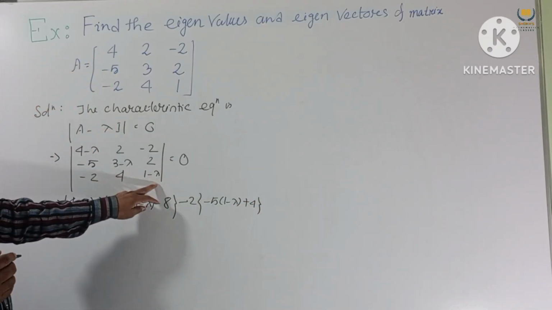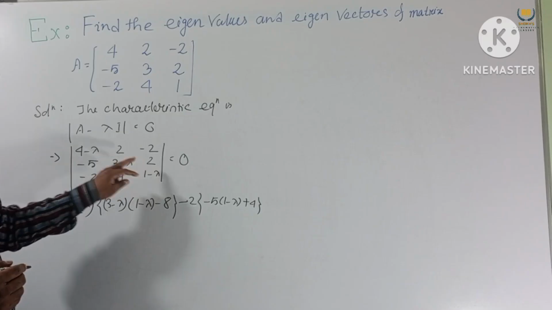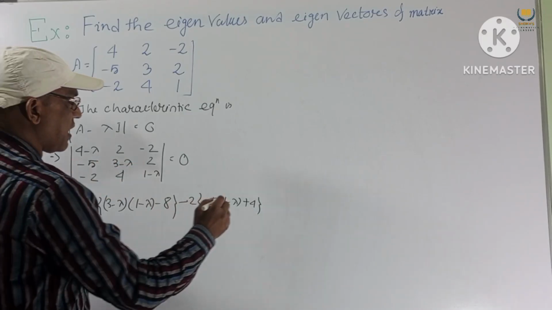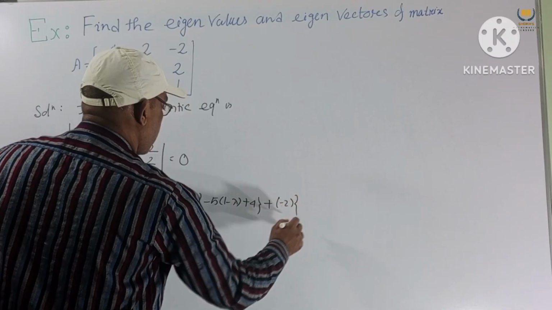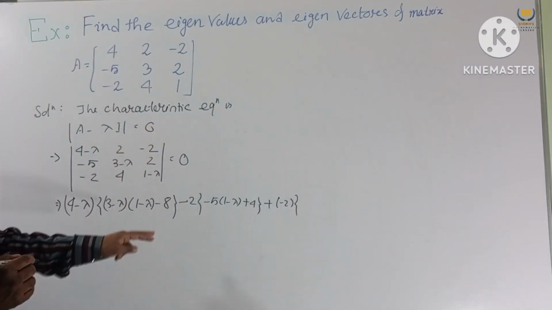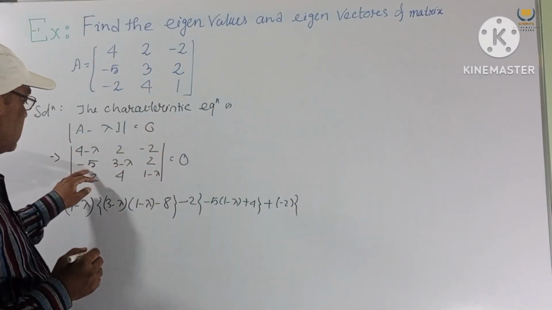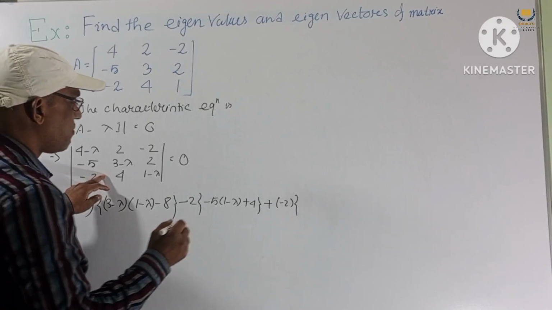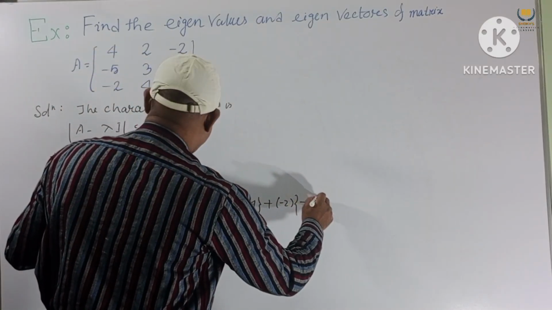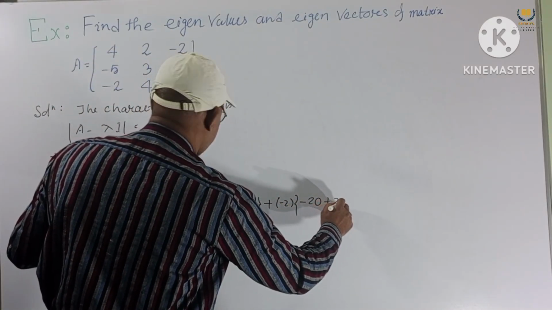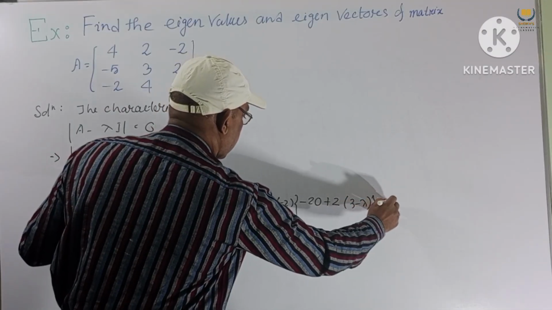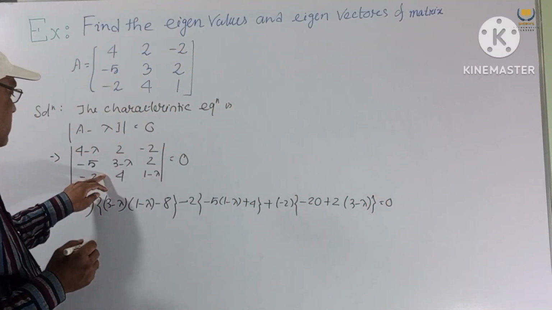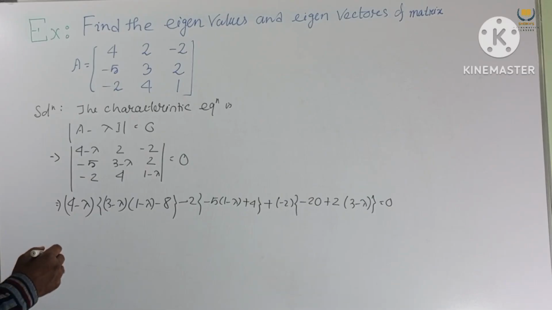So minus 5 into this minus this into this is 4, plus minus 2 times the next: minus 20 plus 2 times (3 minus lambda) equal to 0. So I get this one.